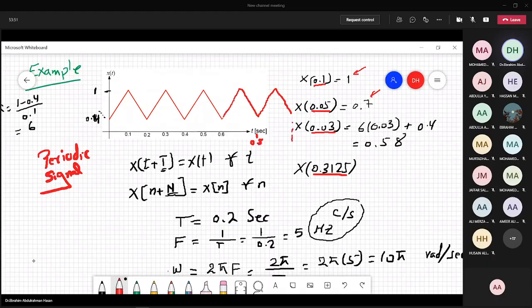This one will be at 1, then at 1.2 and so on. Each period, we call it one cycle. So this is one cycle from here to here.